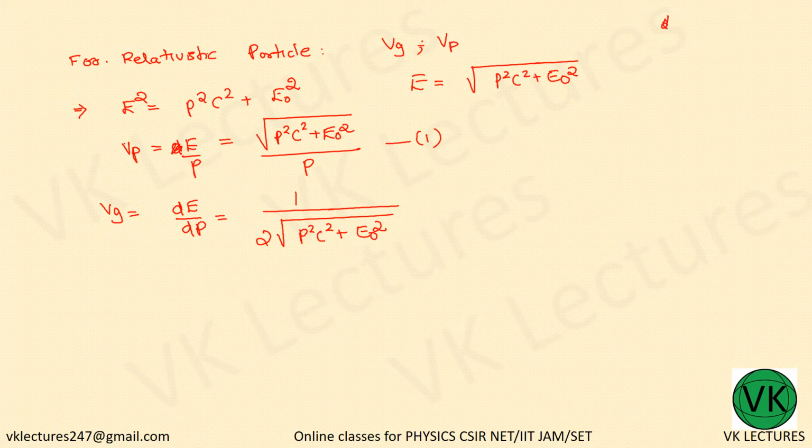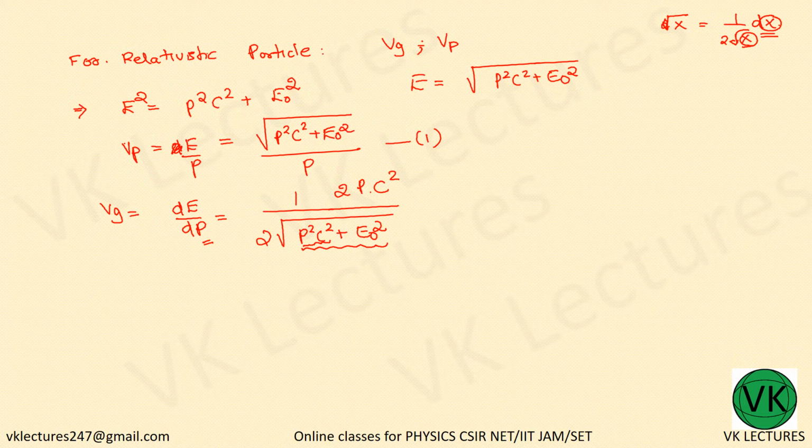And what is the derivative of x, that is, the derivative of whatever is inside the root, you have to take it, with respect to p, so that is equal to 2 times p into c square.